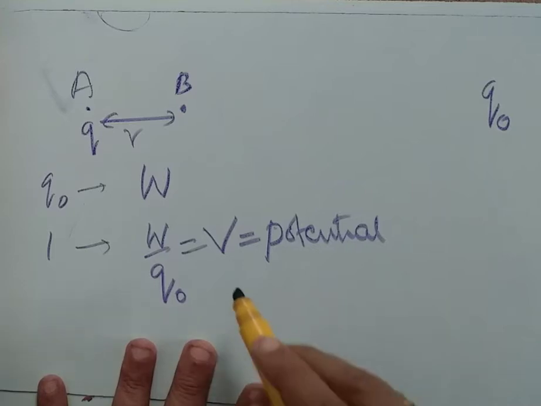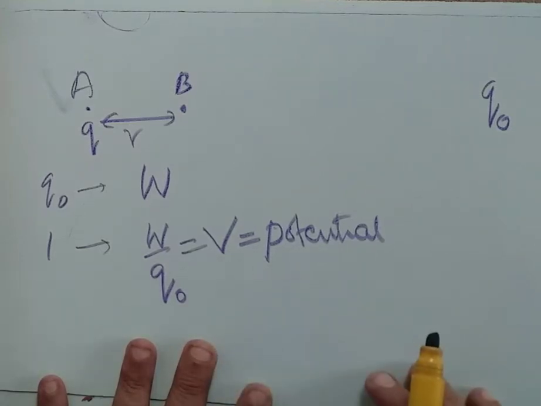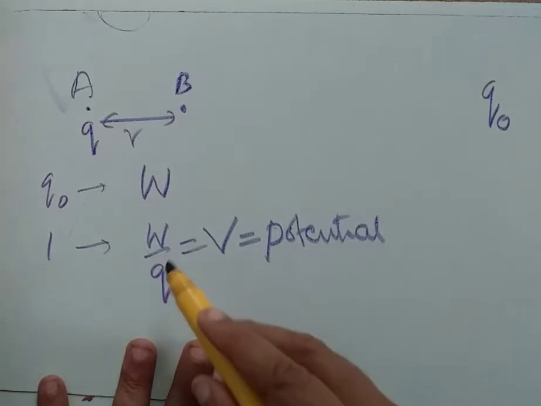That is the thing. And observe, a simple expression for potential: if you don't have unit positive charge, if you bring Q naught, then the potential expression is W by Q naught. W is the work done for Q naught. For one, it is W by Q naught. That is the potential. Can you guess now what is the unit for potential? What is the unit for W?